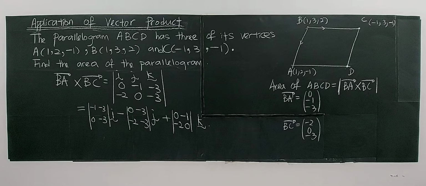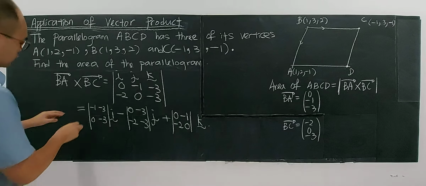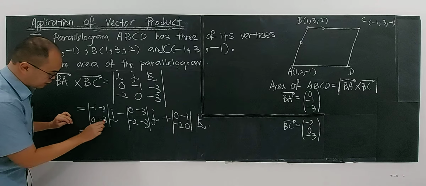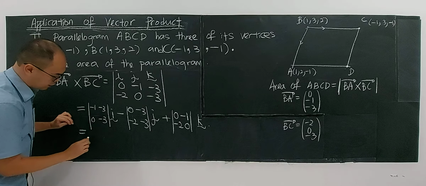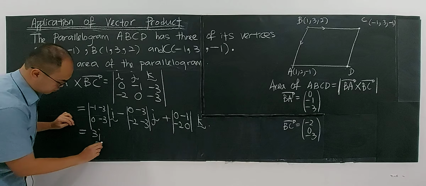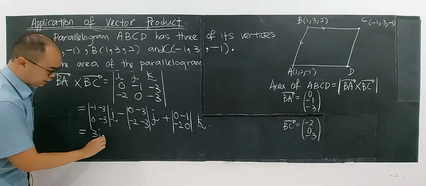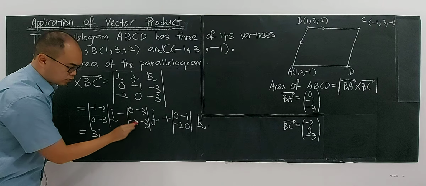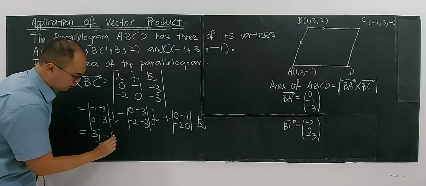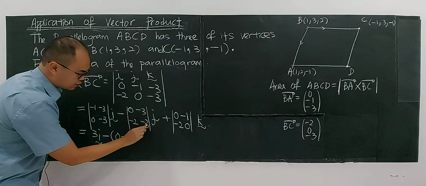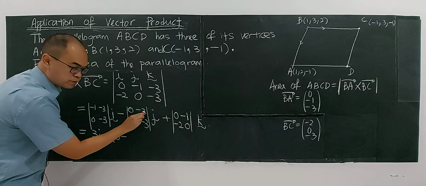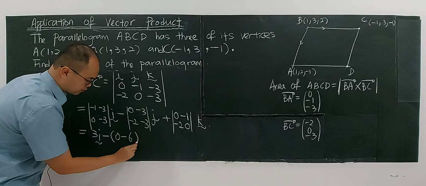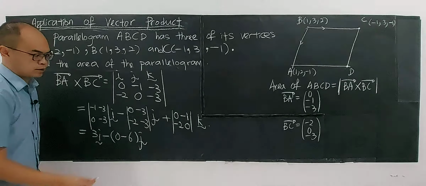So now let's start calculating, right? The way we do it is AD minus BC: negative 1 times negative 3, we have 3i, right? Negative, with 0 times negative 3, AD, 0, right? Then 0 minus negative 2 times negative 3, we have 6, J, right?